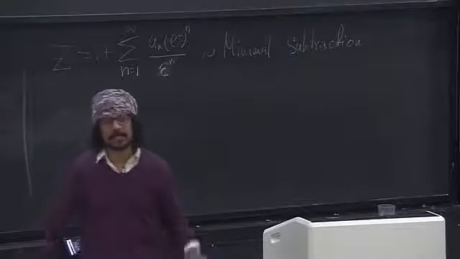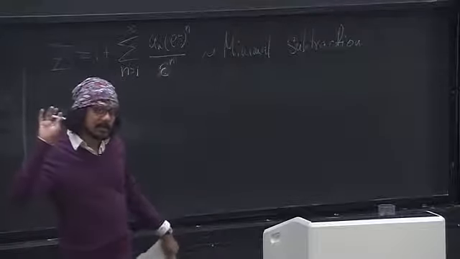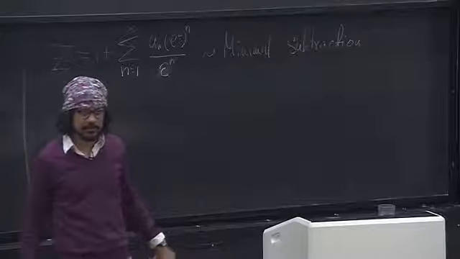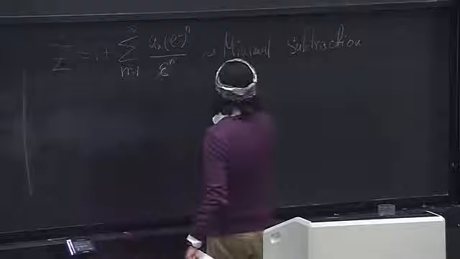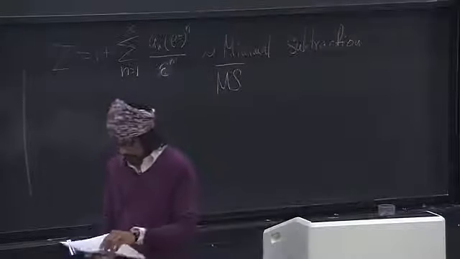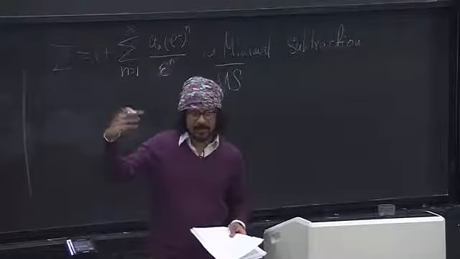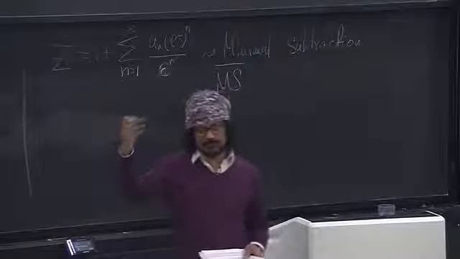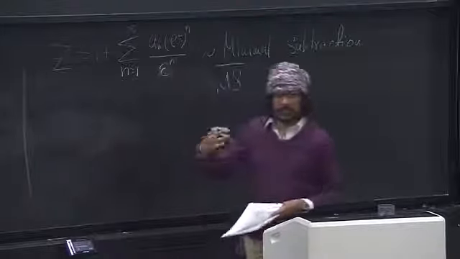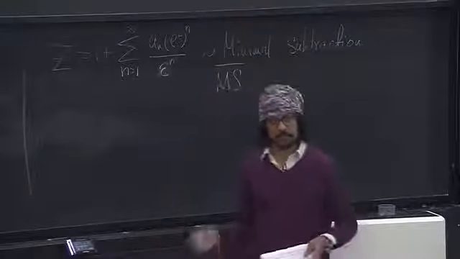There are subtraction schemes where the Z cancels this finite part too, and one very popular scheme is called the MS-bar scheme. Also, as you go to higher and higher loops, you will have more factors of 1 over epsilon, so the power of epsilon is related to what loop you're working at.